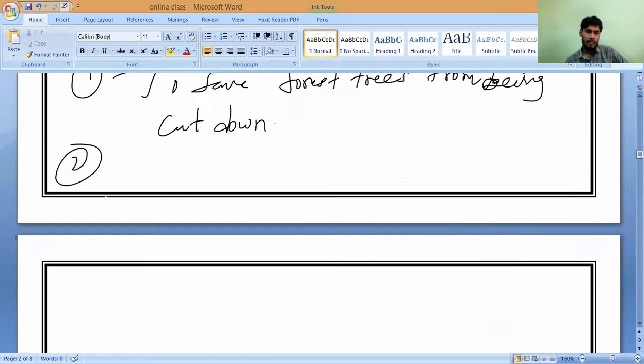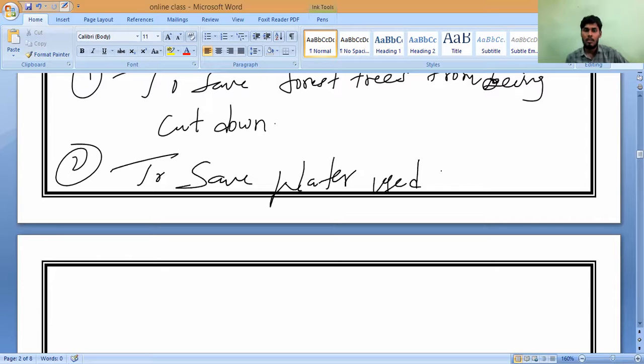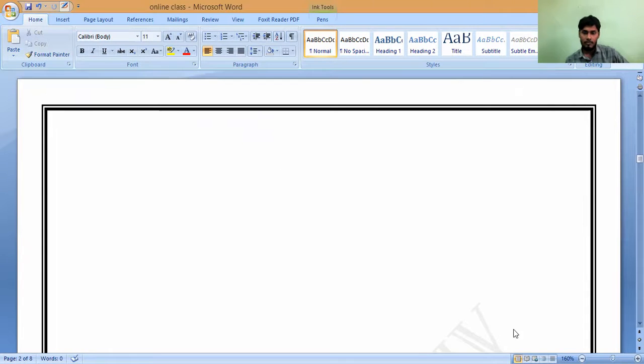Understand? Next, the second one. To save water used in paper making. Then, to save energy in paper manufacturing or making, you can write. Manufacturing or making, both are the same. Next, the third one.